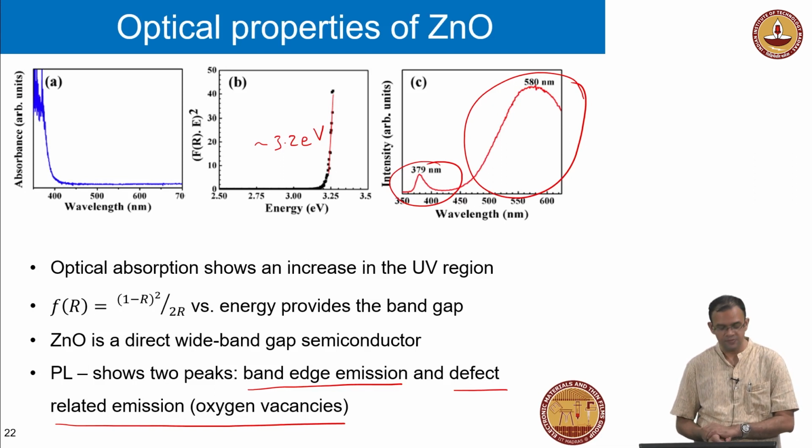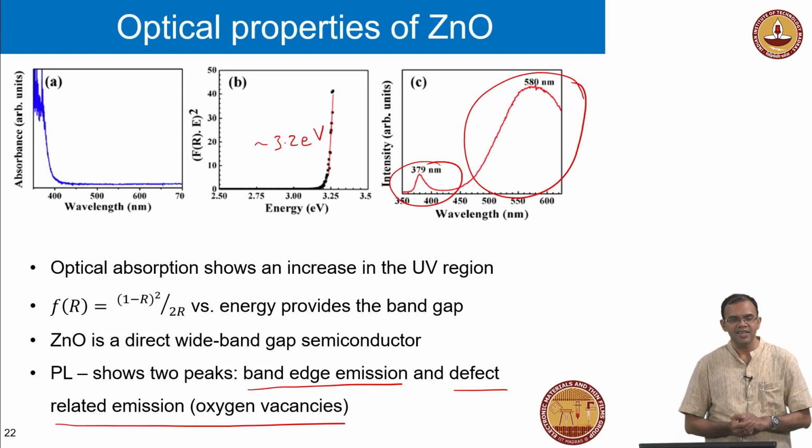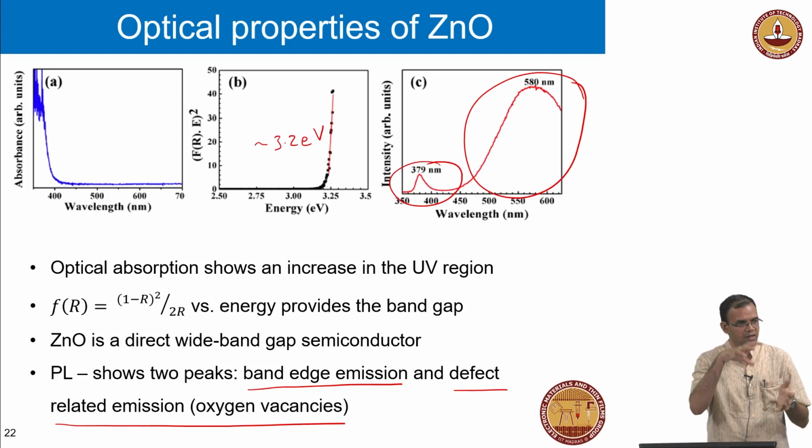Is the optical band gap and the electronic band gap the same? Technically they are the same, but usually, for example, if we have some shallow defects close to the band gap, the optical band gap will also take into account these defects, while the electronic band gap technically is from valence band to conduction band, so these defect states would not come into the picture.